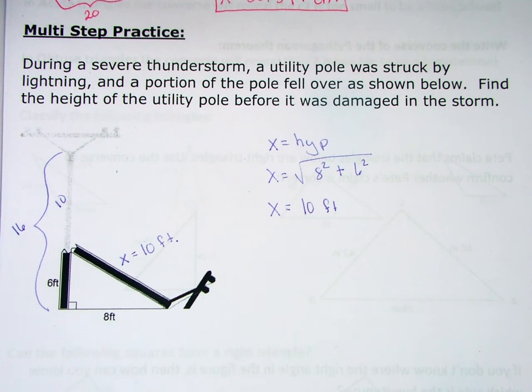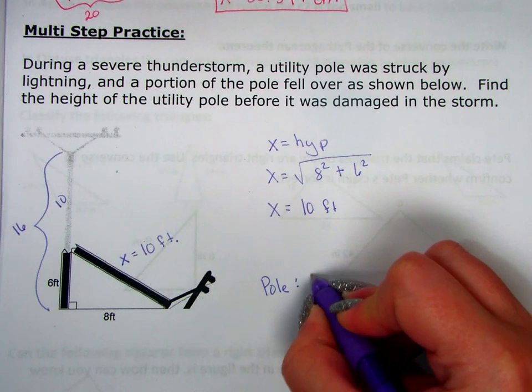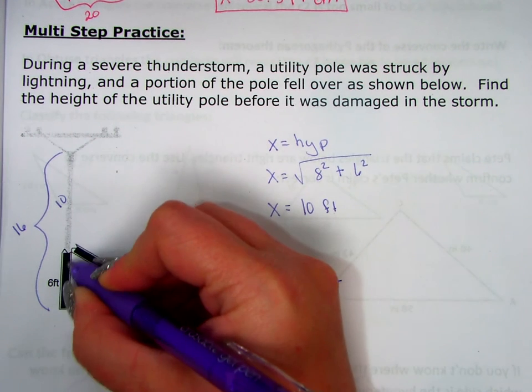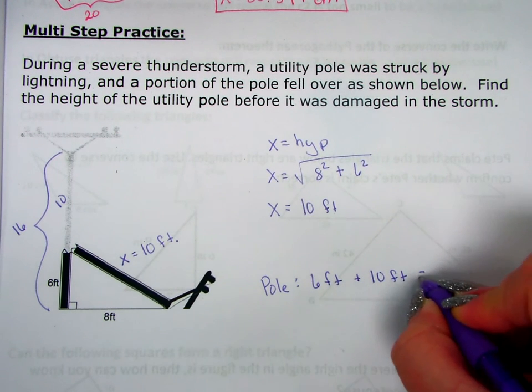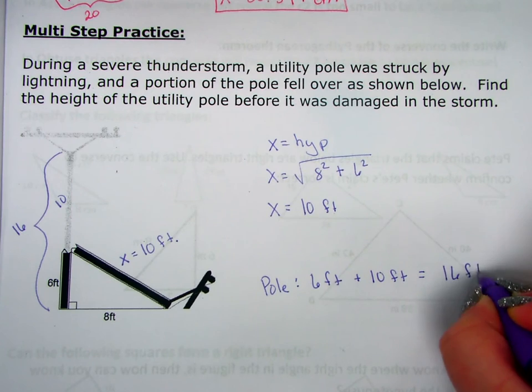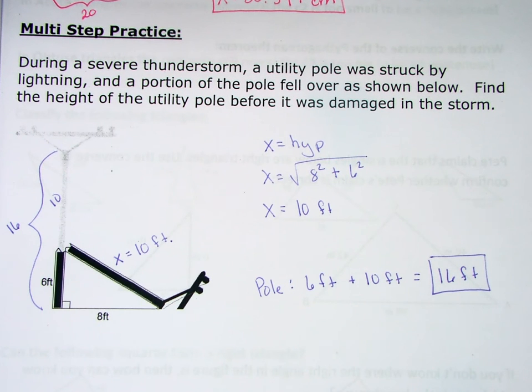So that's a good example of you needing to read the problem, right? We found the missing side of the triangle, but that's not what this was asking me for. It was asking me to find how tall was the original pole. The original pole was 6 feet, the piece that's still standing, plus the 10 feet that fell over, so it was 16 feet.